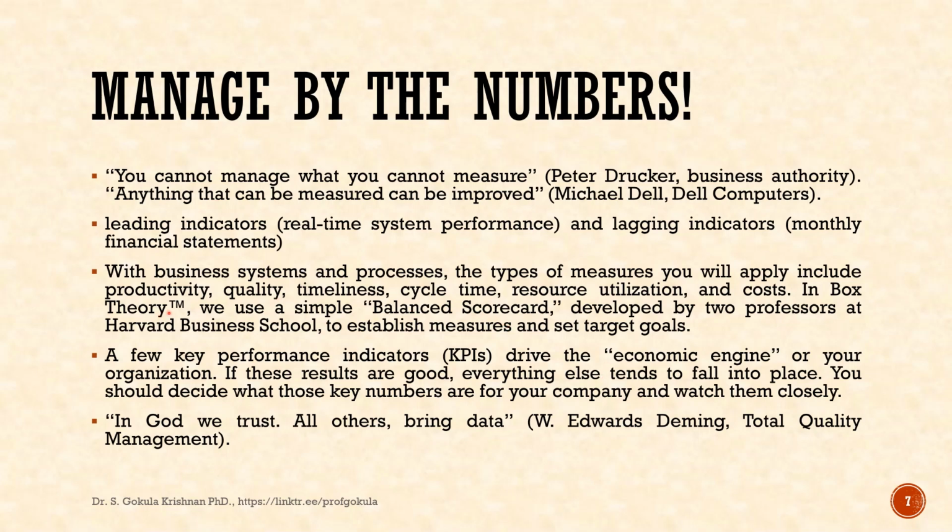First of all, productivity: how good are you in terms of productivity, how much wastage has been done, or could you minimize the wastage in your business? Are you able to achieve 100% productivity from the raw materials without wasting anything? Can you meet the quality standards? Then timeliness, cycle time, resource utilization, and costs. These are very important when it comes to the measurement of any business.